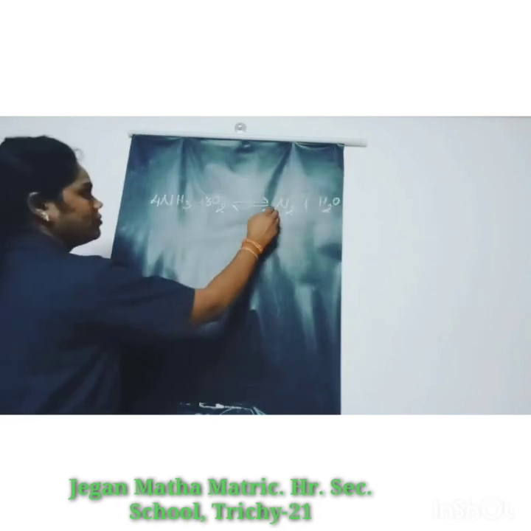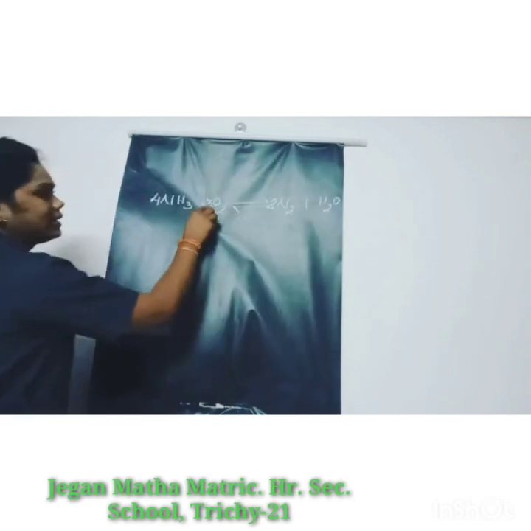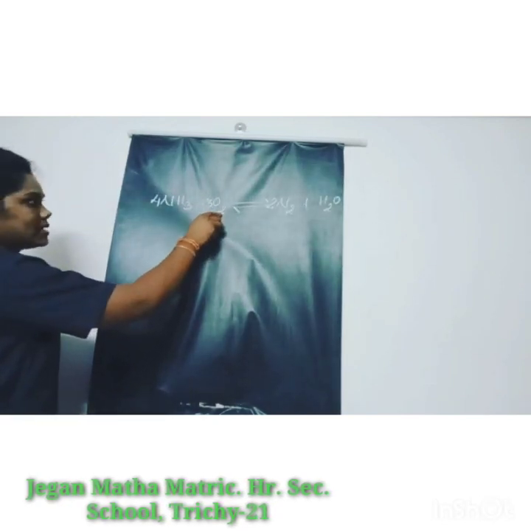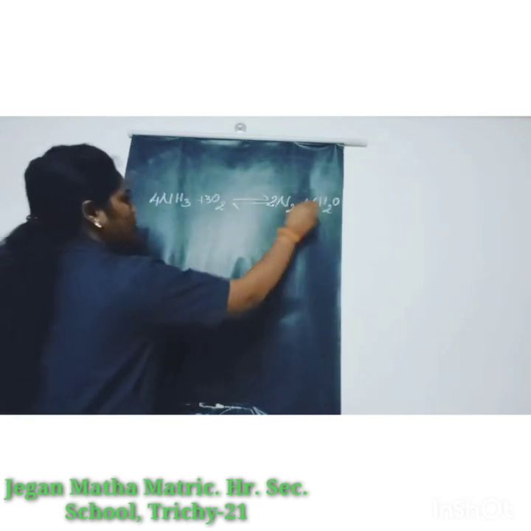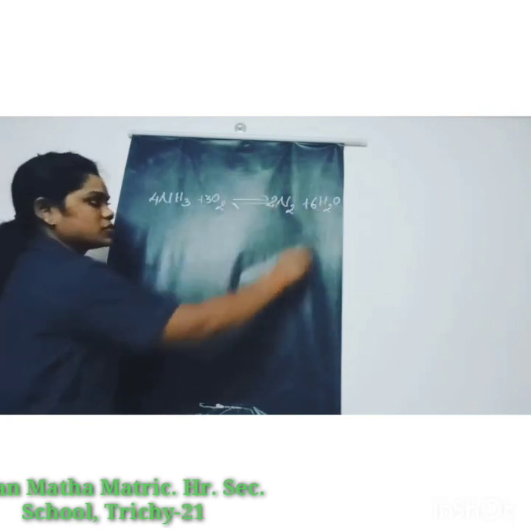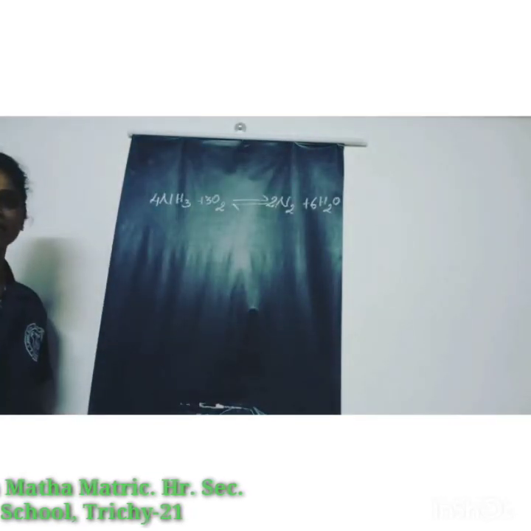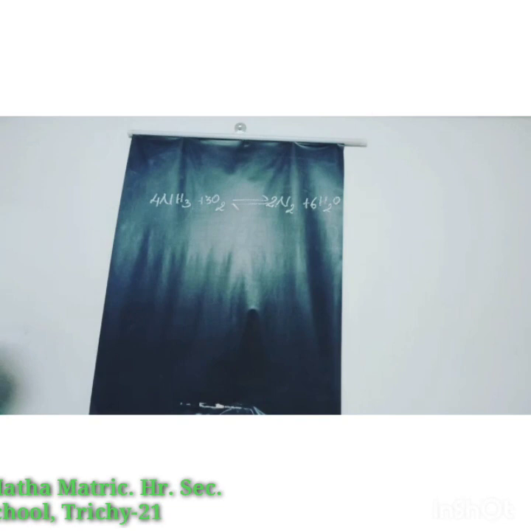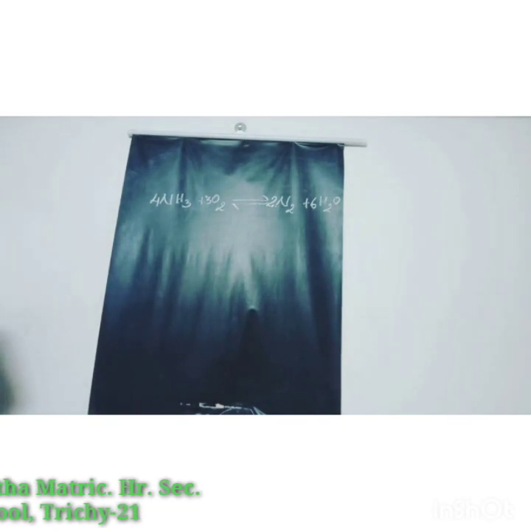So here 4, 2 2s are 4, and 3 times of oxygen, 3 2s are 6. So here 6, because 4 3s are 12 hydrogen, so here 6 2s are 12. So the equation is balanced.